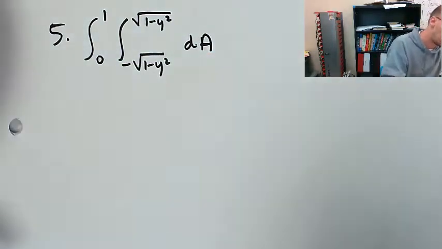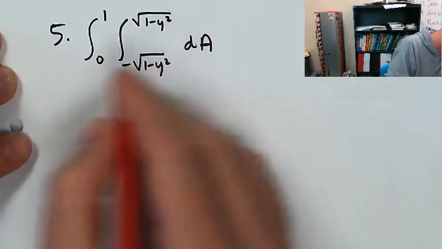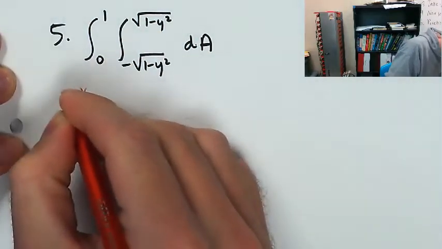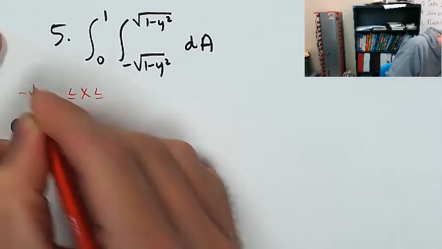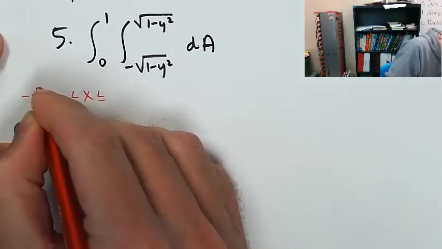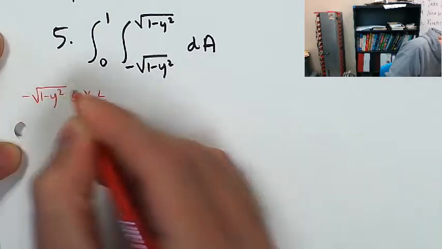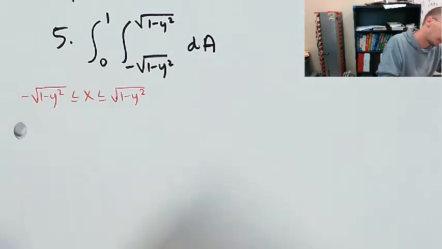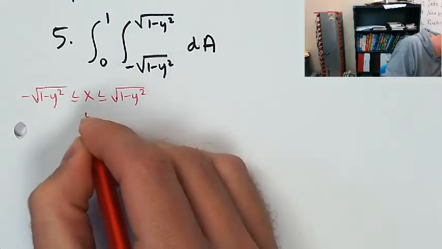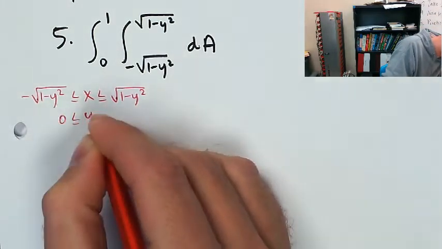So maybe I'll approach this differently here. I know this is x, so x is between that negative square root of 1 minus y squared and the positive square root of 1 minus y squared, while y is between 0 and 1.